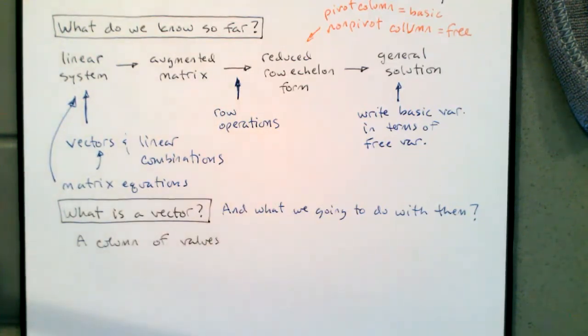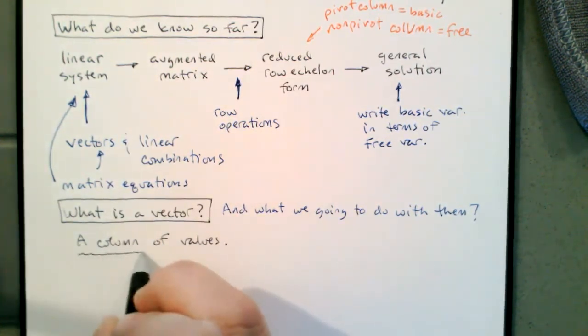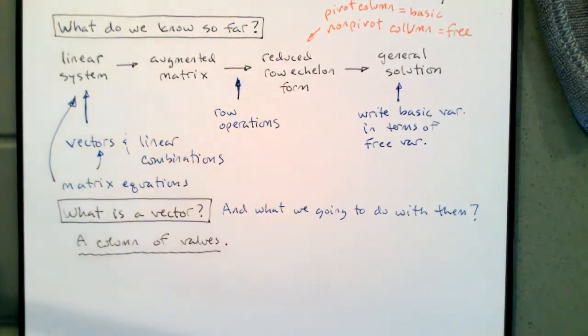It's just going to be a column of values. We just want to think of vectors as a column of values.